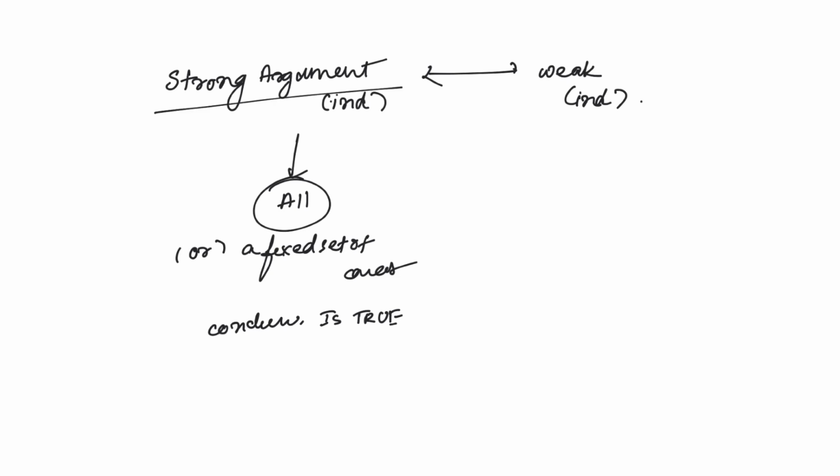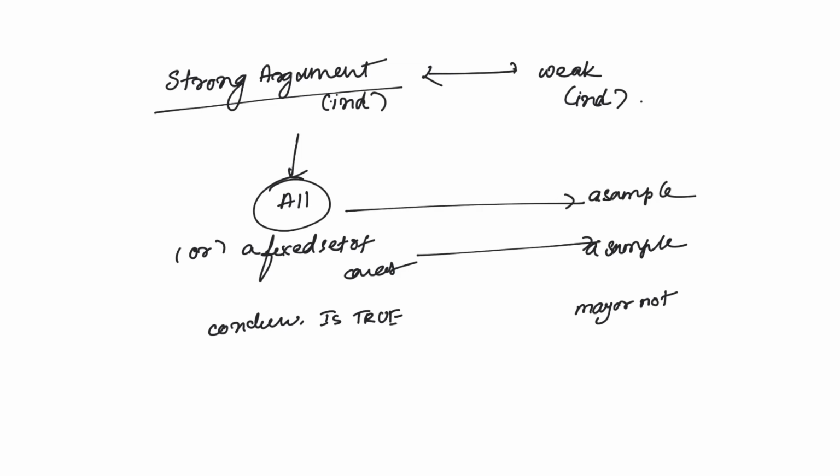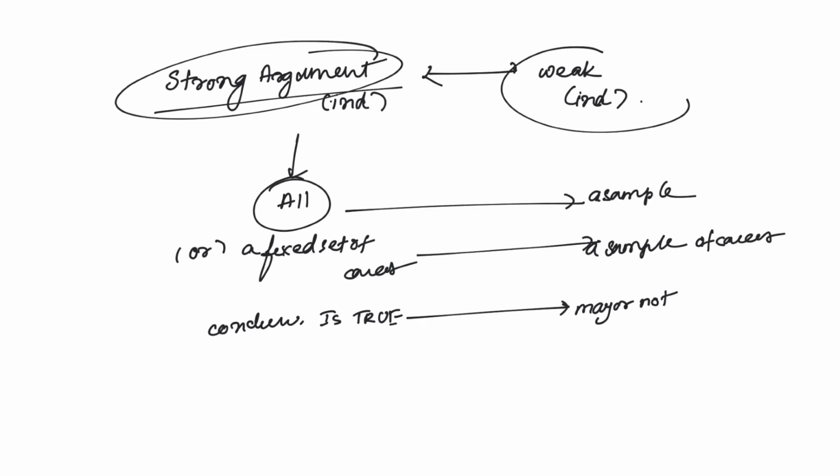For the weak, it would be the opposite. It may or may not. It would be for a sample. Instead of all, we can say a sample. Instead of fixed set of cases, sample cases. So that's a weak and that's a strong set.